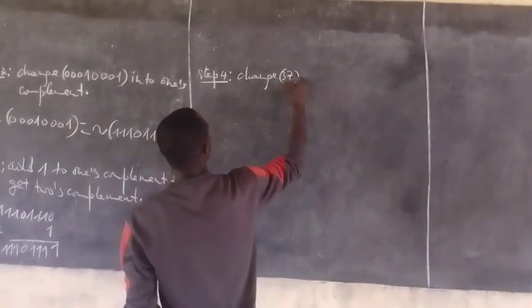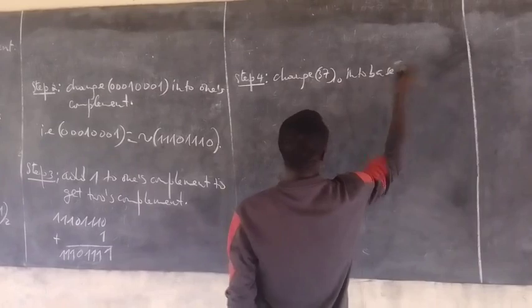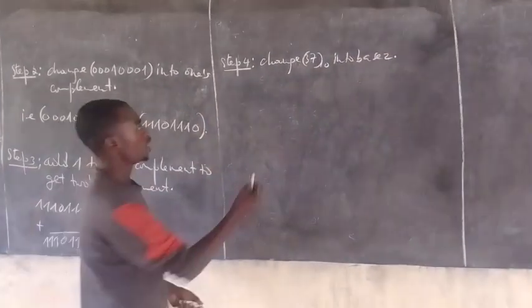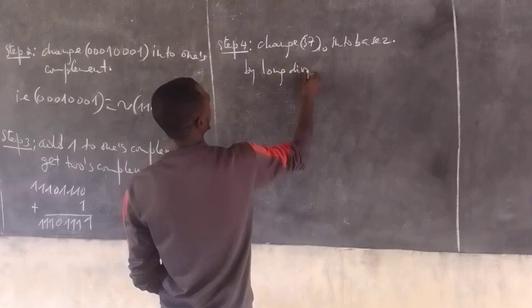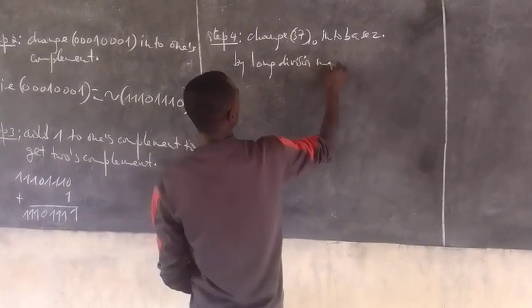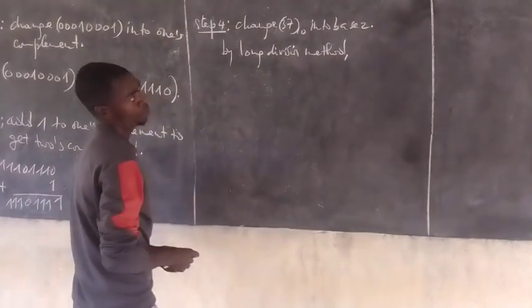Step 4: change 7 into base 2. So now we can apply the binary division method.